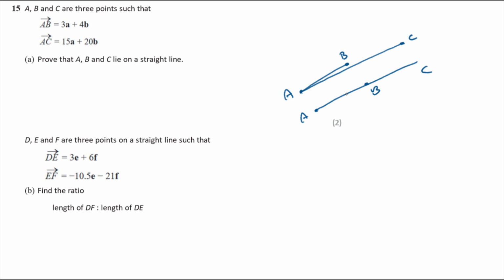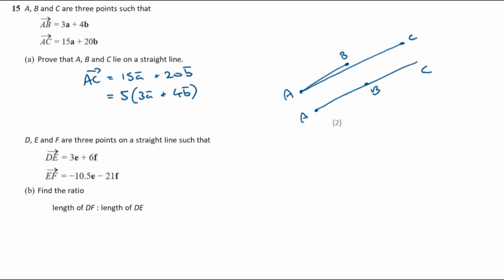Okay, so can I easily do that? Well, I think we probably can, because if I look at the vector AC, which is equal to 15a plus 20b, I can see that 15 and 20 have a common factor of 5. So if I factorize that out, I get 5 lots of 3a plus 4b.